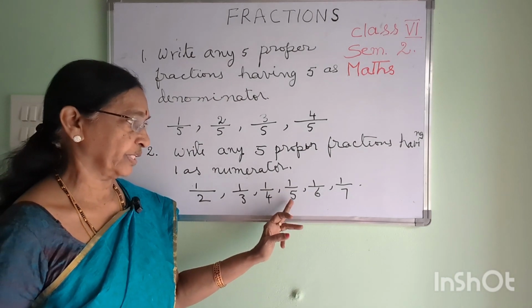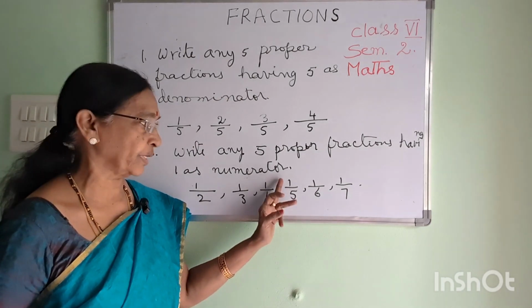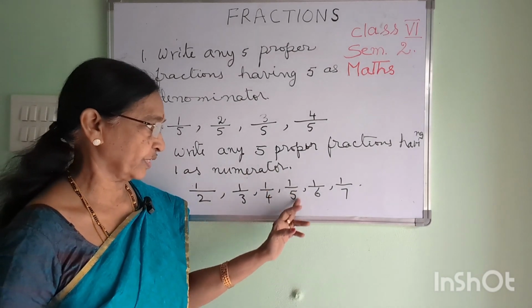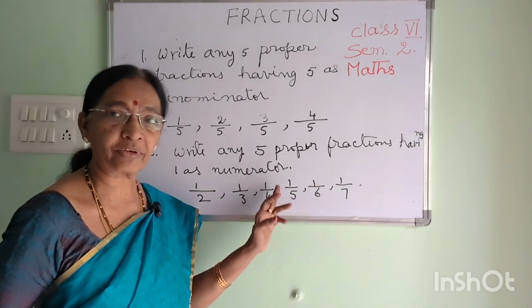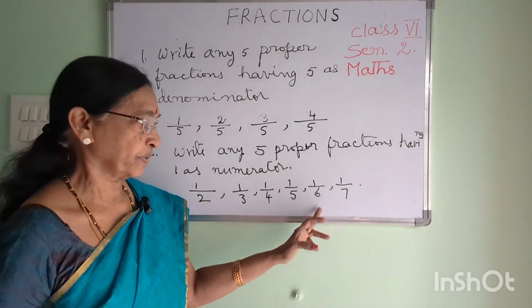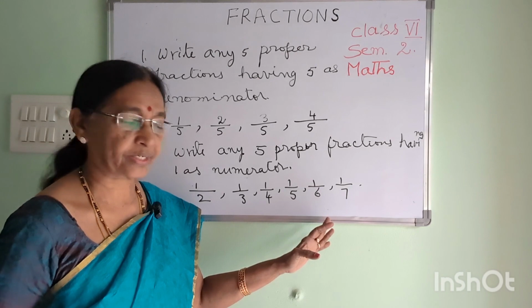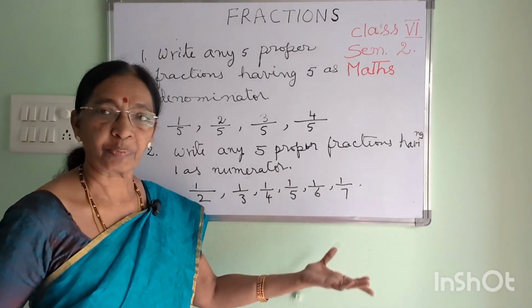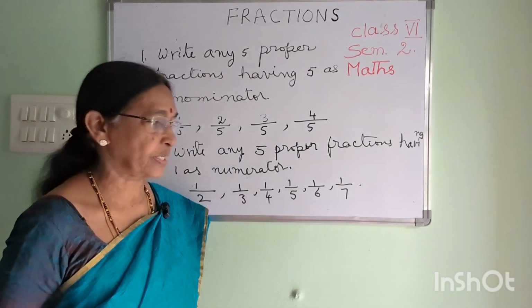Here 1/5 denominator is greater than the numerator and 1 is the numerator, therefore it is a proper fraction having 1 as a numerator. Similarly 1/6 is a proper fraction having 1 as a numerator. 1/7 is a proper fraction having 1 as a numerator.